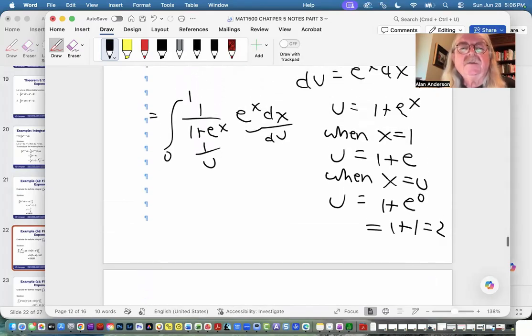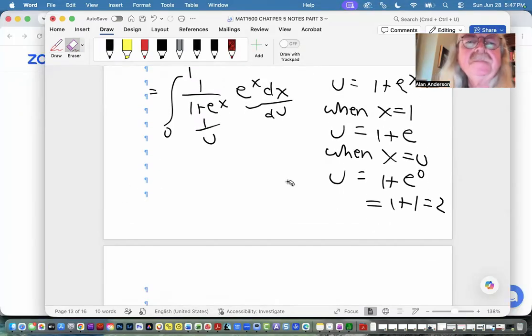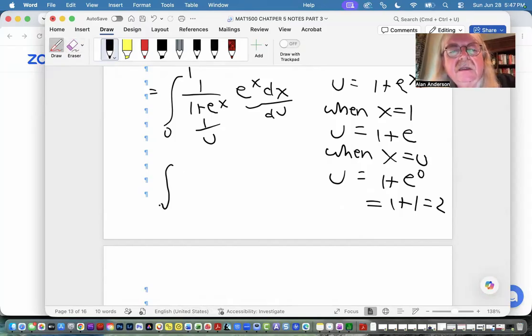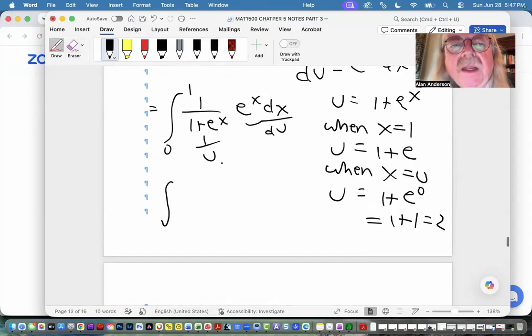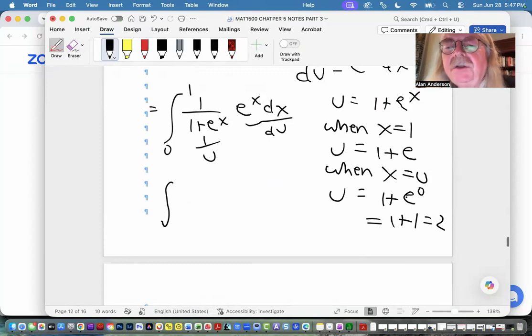So we ultimately end up with, all right, so we've established the upper and lower limits of integration when we have u instead of x, that is. So again, when x is 1, u is 1 plus e. When x is 0, u is equal to 2.